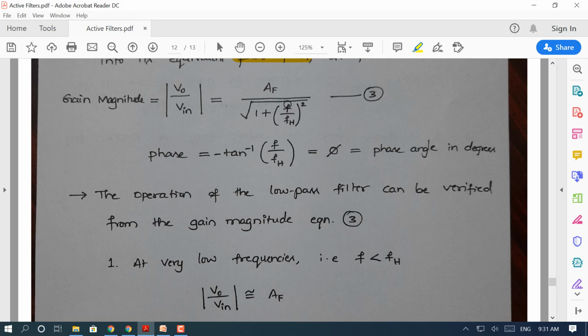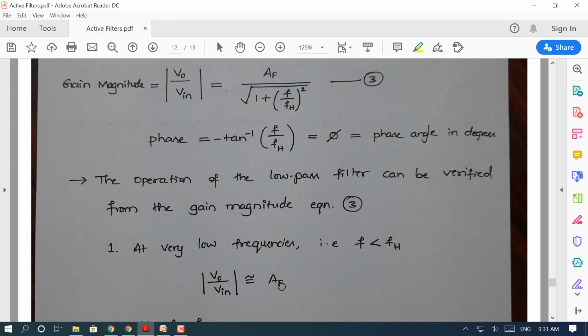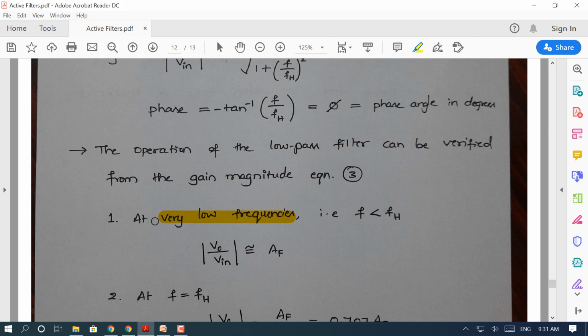So the gain equation becomes just AF, which is equal to the closed loop gain. The meaning of that is, as we have seen in the frequency response, this is a low pass filter. For low frequencies, within FH, the gain is almost constant.